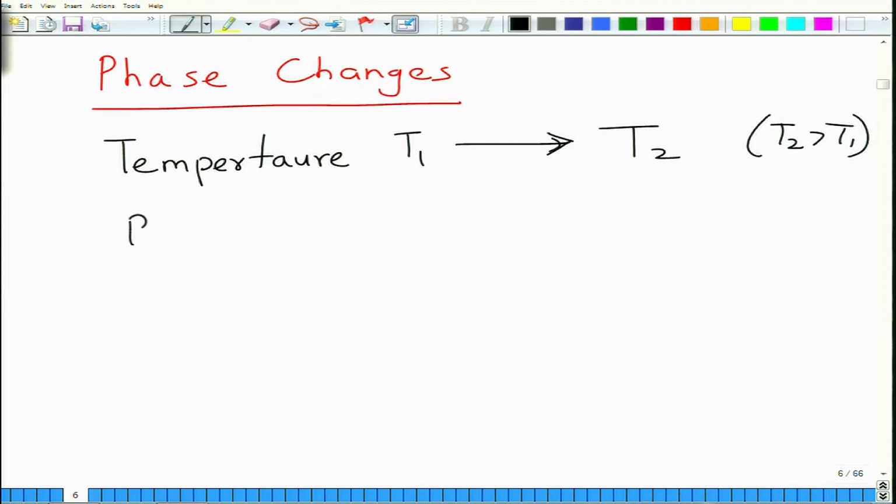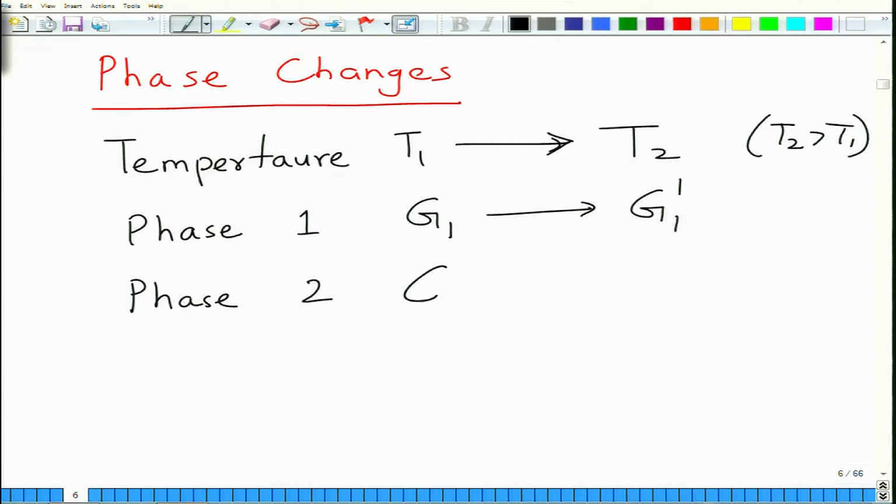Then phase 1 has free energy, which is G1 to G1 prime. Okay, the free energy decreases as a function of temperature, and phase 2 is another one which has a free energy G2, which goes to G2 prime.